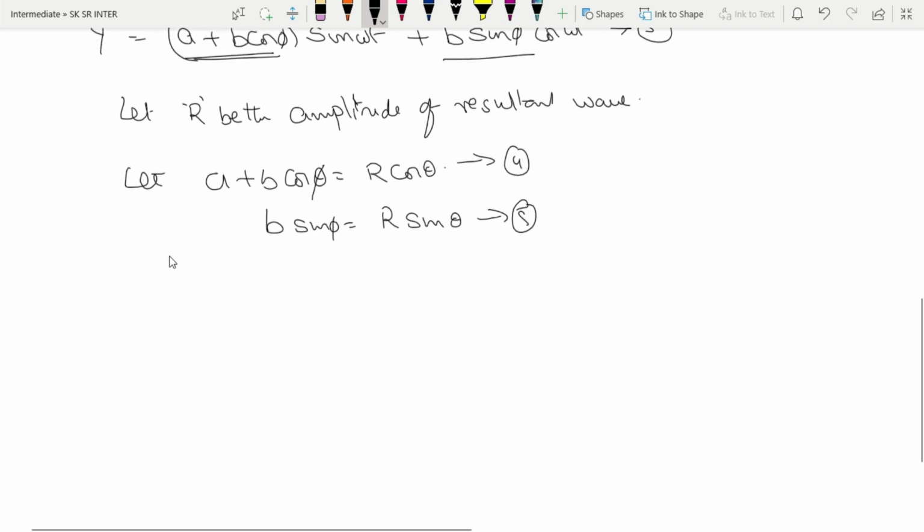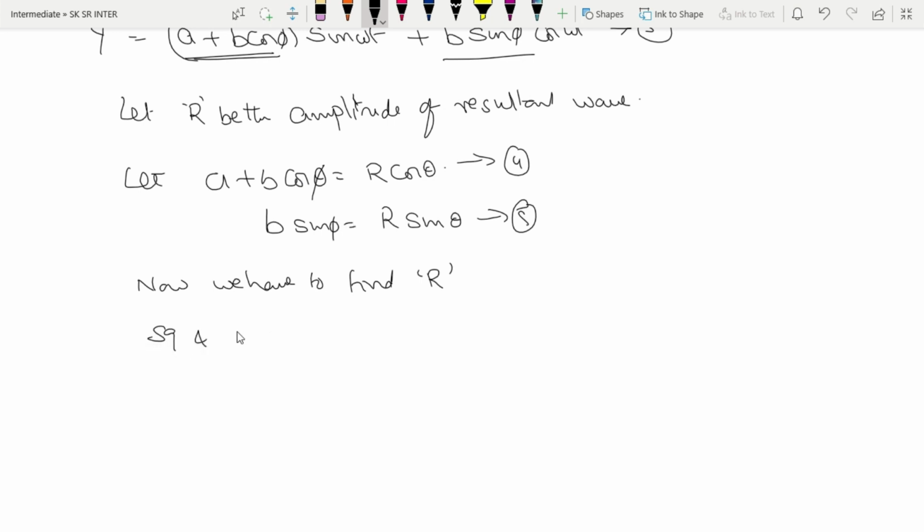Now we have to find the capital R value, the resultant amplitude of the two waves. For that, square and add equations 4 and 5.